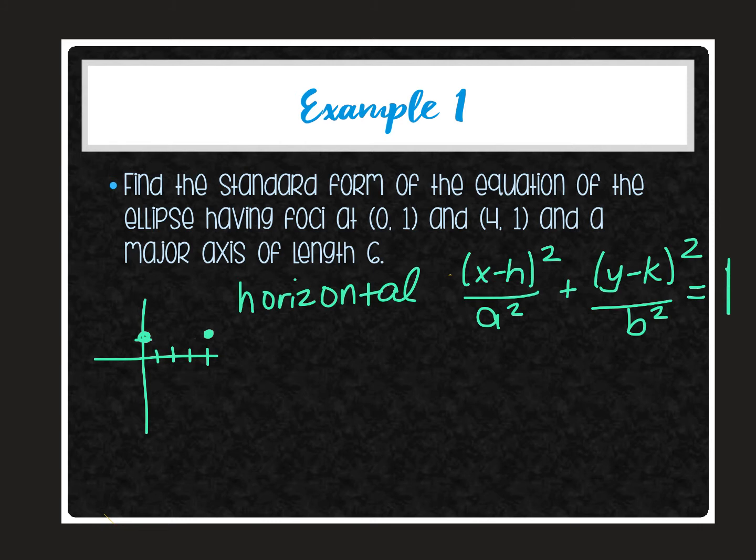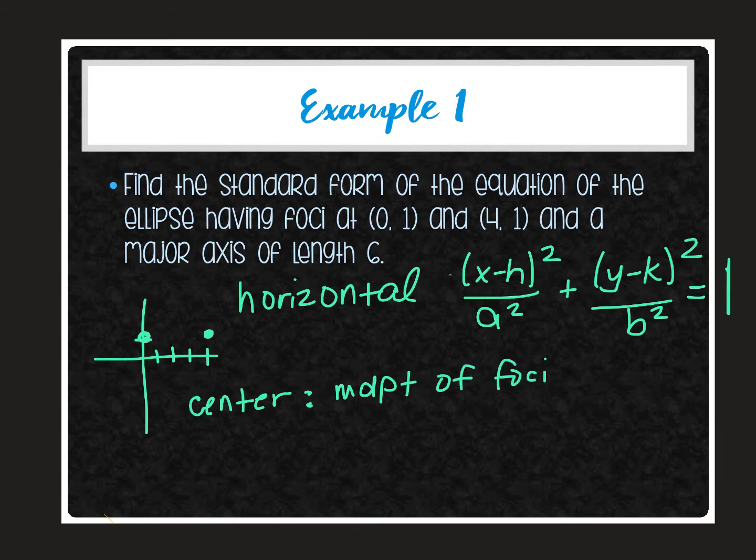1. So what are the things I have to find in this equation? I've got to find the h and the k, which is the center, and I've got to find the a and the b. How do you find the center? Let's do that one first. Midpoint of the foci.